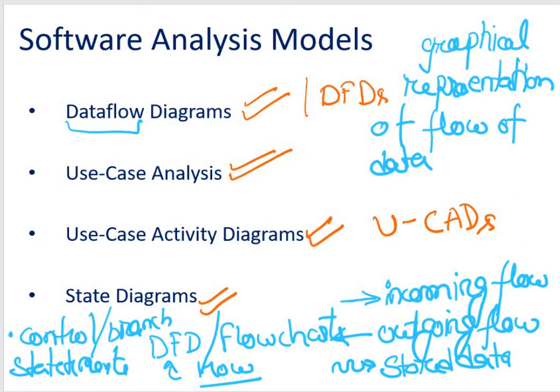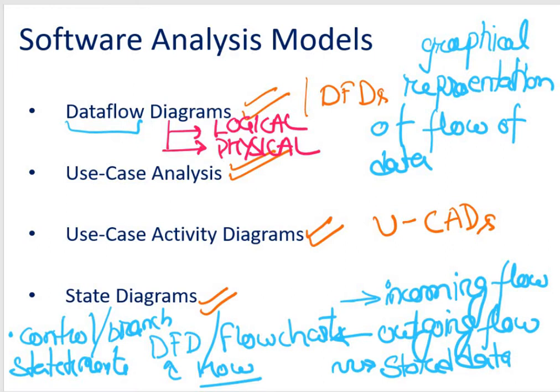And this data flow diagram can be either logical or physical. So your logical one will concentrate on the system process. In addition to that, the flow of data in the system will be added.